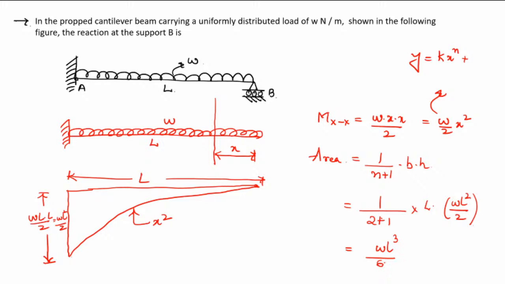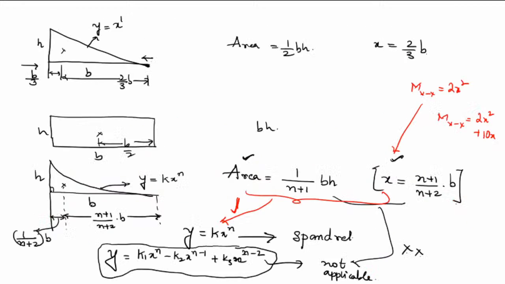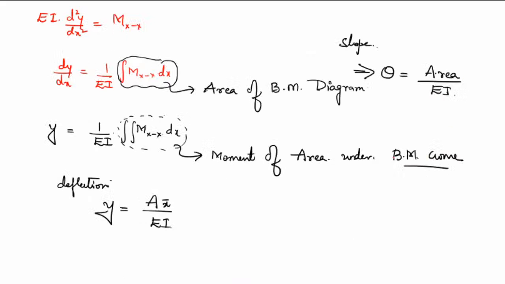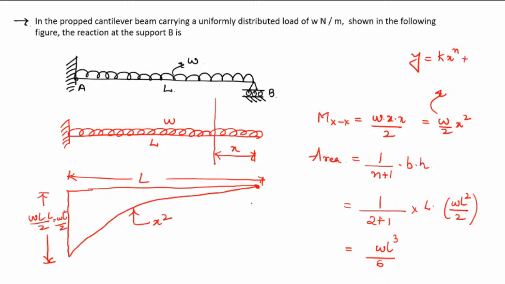Right. Now, next is the centroidal coordinate. Now remember here, in the cantilever beam, this X bar, as per the deflection formula, you are always going to measure from the free end, not from the fixed end.